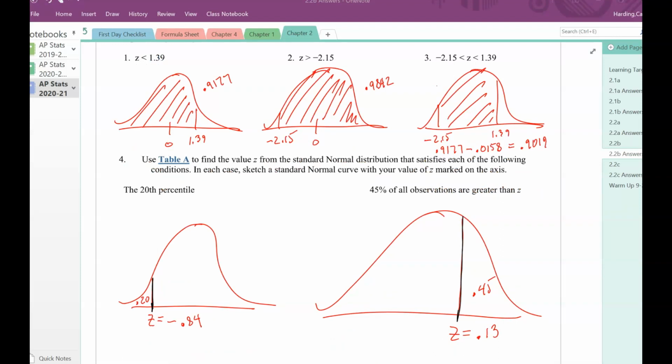So you're just going to get as close to 0.20 in the table as possible to get a z-score of negative 0.84. In number 5, it says 45% of all observations are greater than z. So if we're using the table, we're looking here for 45%, but what you're going to have to look up in the table is the cutoff value for 55%. And when you find as close as you can in the middle of the table to 0.55, you come up with a z-score of 0.13.